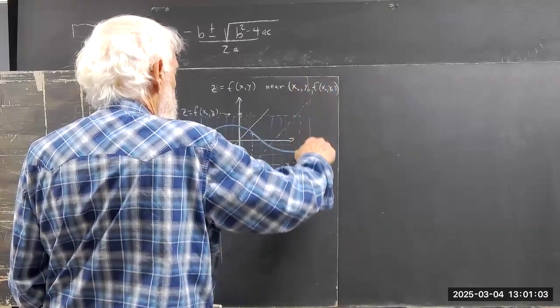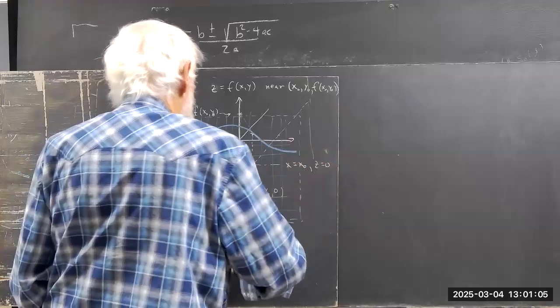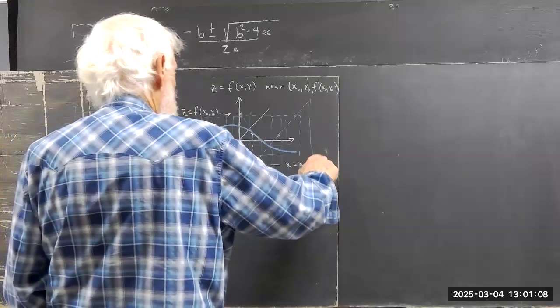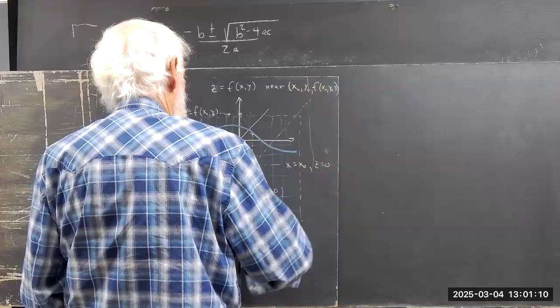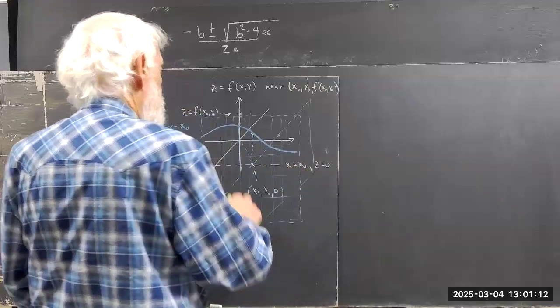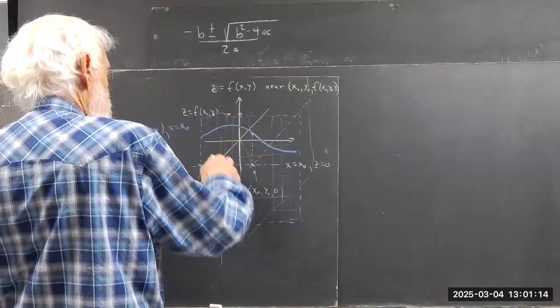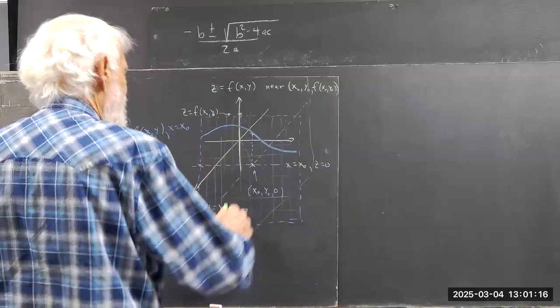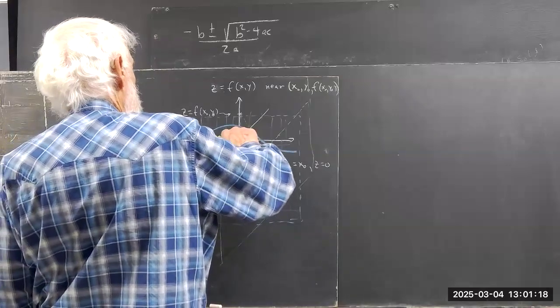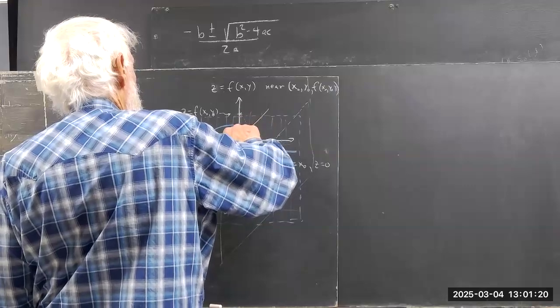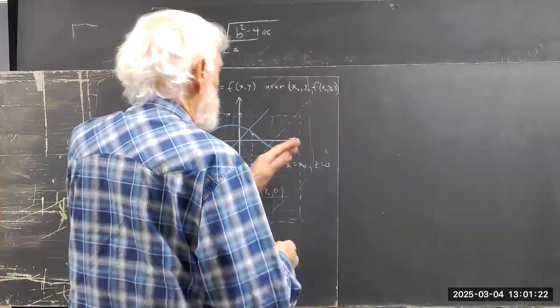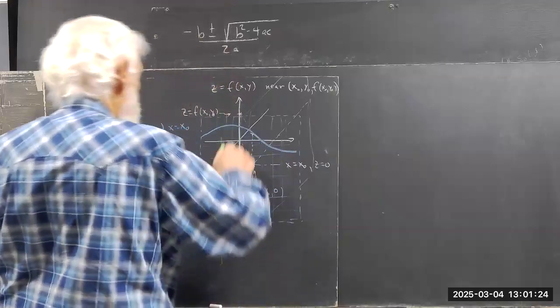Same thing, except I can't go on top of it. Then I draw right here, parallel to the y-axis, and meet up with this line out there someplace.